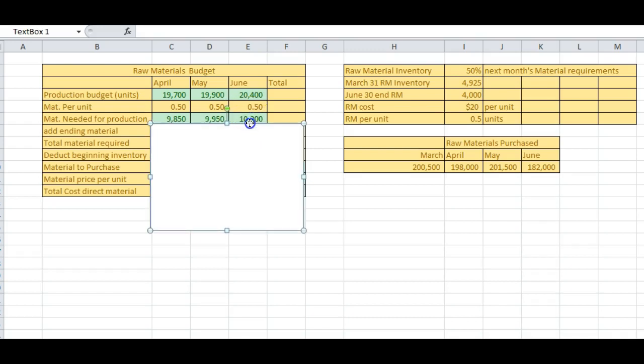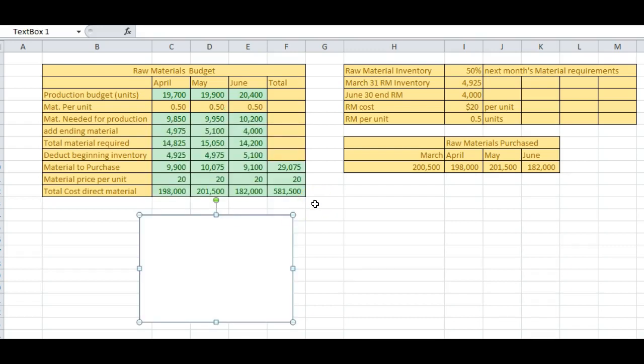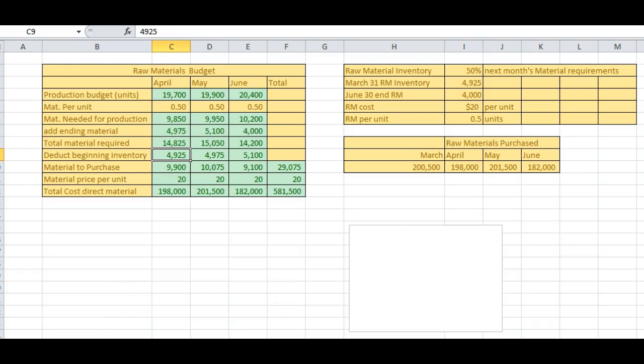Now we also have to worry about that ending inventory that we want to have. So how do we figure that as we look at this? Well, some of these numbers are given to us.